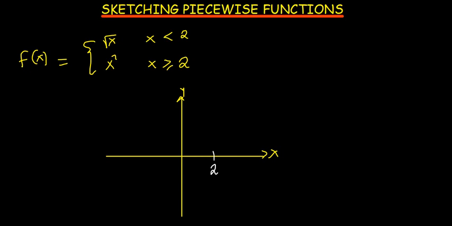But for values of x less than 2, the function that is applying is the square root of x. You need to know that for a radical function, the square root of x looks like this. And then the square root of negative x will look like this. Now if you have got a negative inside, so what does this mean anyway? That's what we need to understand.